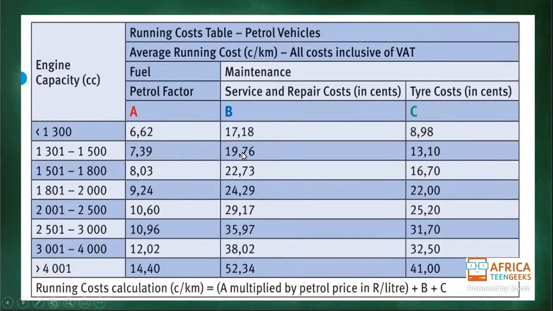And of course, the maintenance will be 19.76, and this is in cents. And the tire cost is 13.10, also in cents. So the two columns B and C, those are cents, those are monetary values. And the first one, 7.39, is just a number.